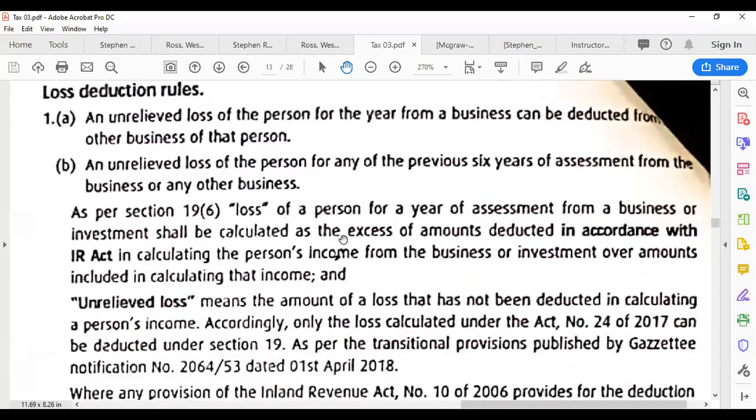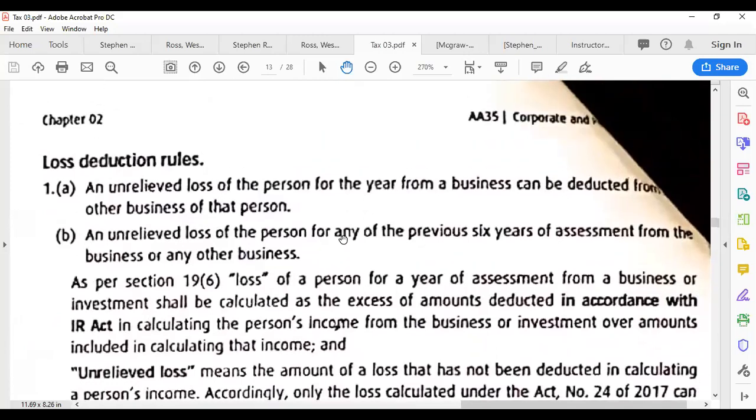First one, number one, an unrelieved loss of the person for the year from business can be deducted from other businesses of that person. Say one person can have more than one business. One business is a retail shop, another business is manufacturing of some items, and another business is providing services. Out of these three businesses, he may encounter a loss from one business.